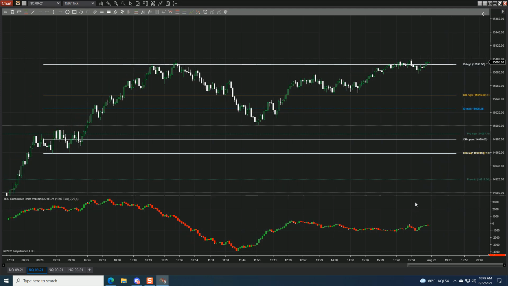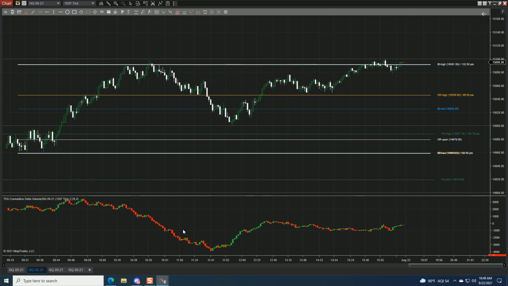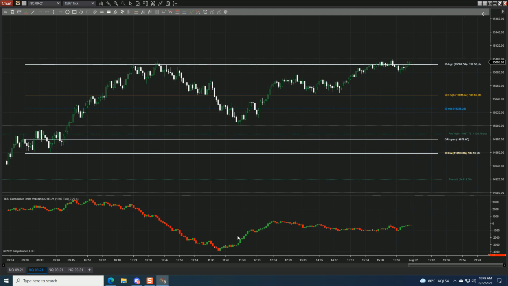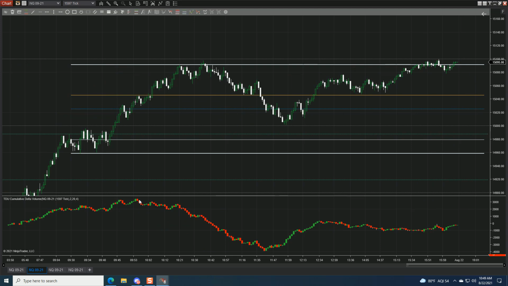They enter and exit with limit orders because they're patient, or they're not being forced to, or they have deeper pockets. There are all sorts of reasons. But at its root, when the aggressors are in control, we can see that reflected in the cumulative delta. If we look at the cumulative delta here in the candlestick format, you can see it tracks the market fairly well.